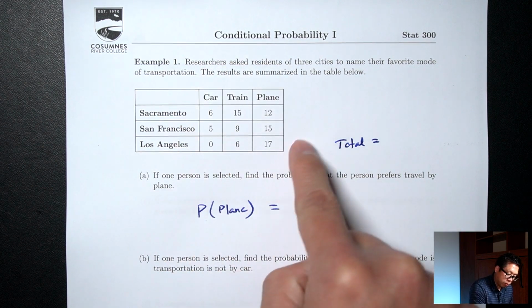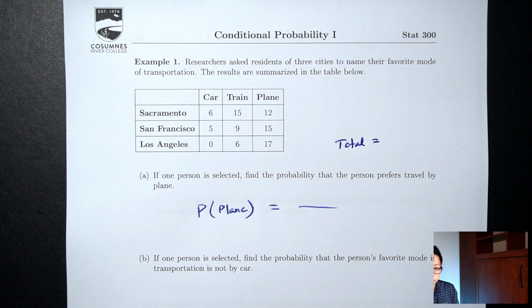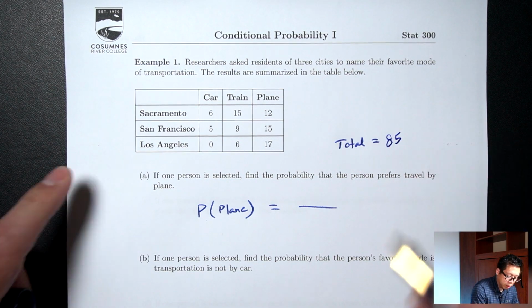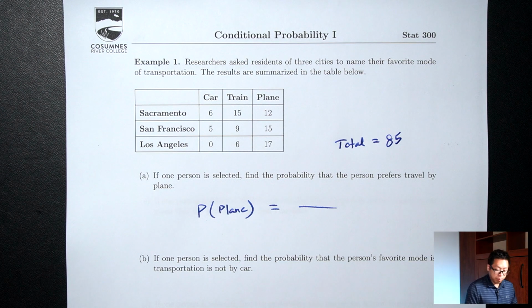So adding up all the frequencies, 6 plus 15 plus 12, plus 9, plus 5, plus 9, plus 15, plus 0, plus 6, plus 17. 85 people total. So there's 85 different people that I can pick from. That's going to be the bottom.